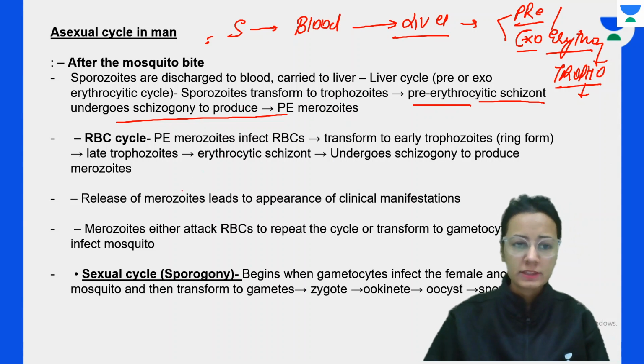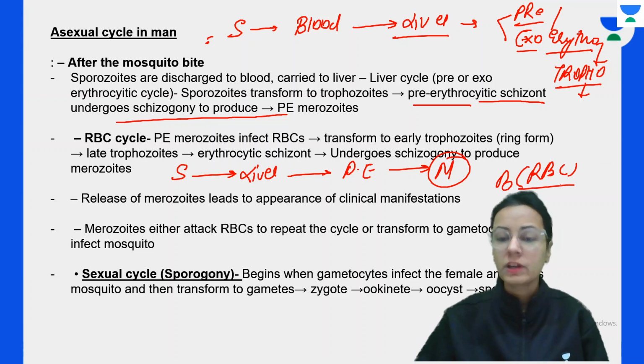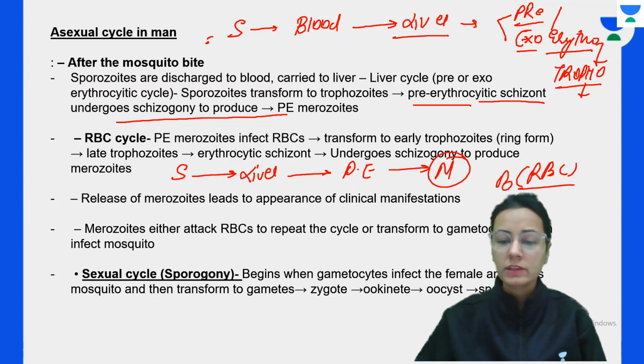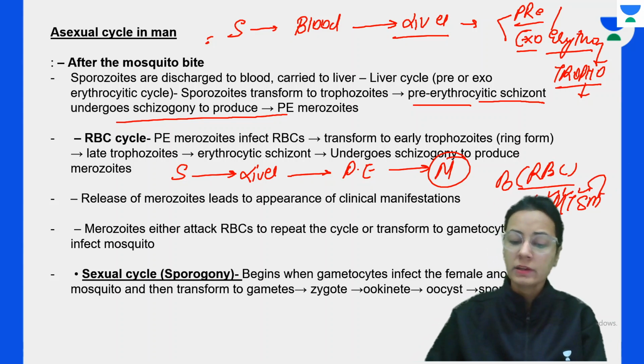What is the life cycle? Sporozoites convert in the liver, where they execute the primary exoerythrocytic schizogony and convert to merozoites. The merozoites in the blood, in the RBC, will undergo the erythrocytic schizogony, and you remember that as MTSM: merozoite to trophozoite to schizont, and again the merozoite.